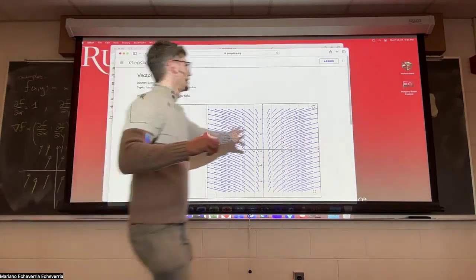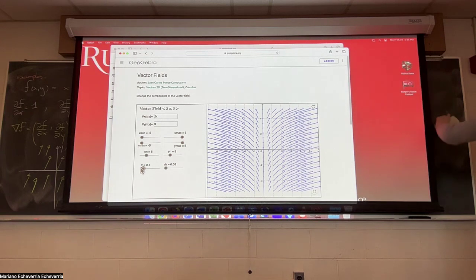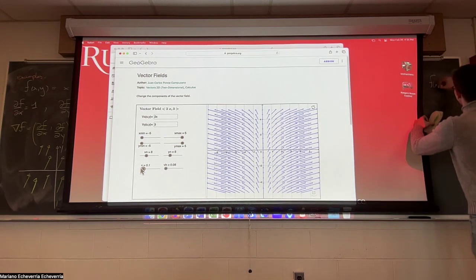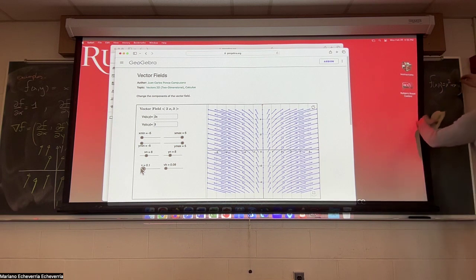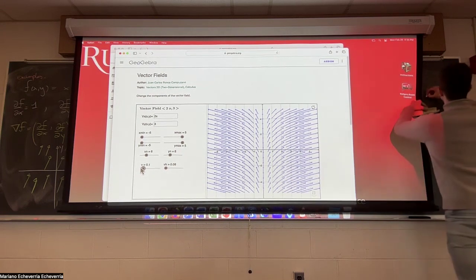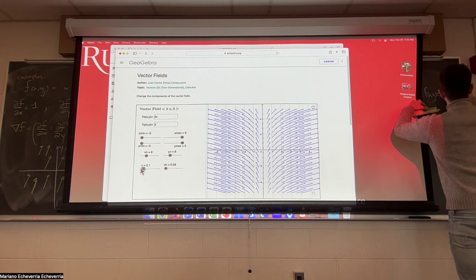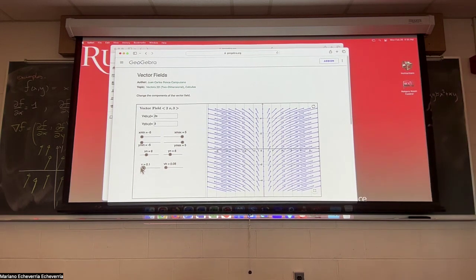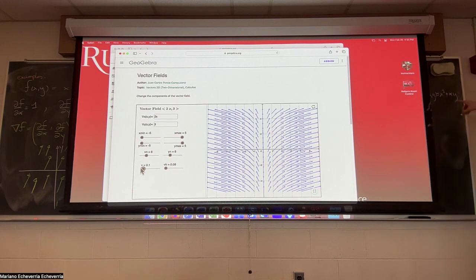So just to put another quick one here, if you have something like x squared plus xy cubed, what's the partial with respect to x?